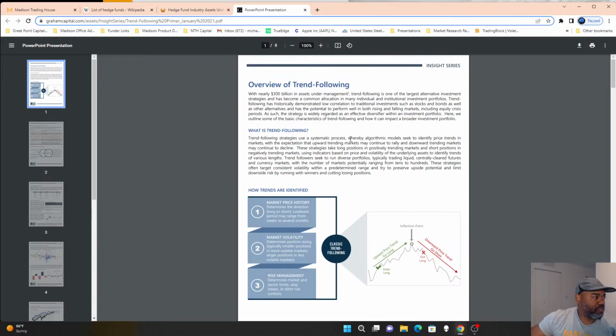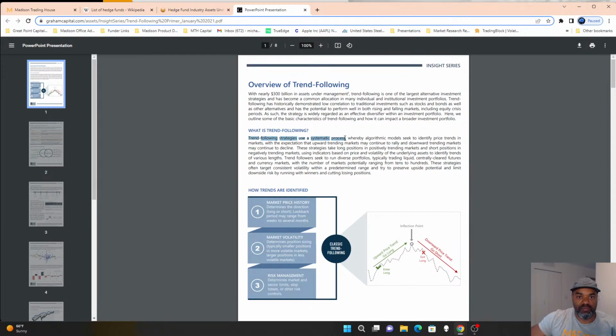And this company is defining what trend following is, saying trend following strategies use a systematic approach. That means that they use a rules-based approach. It's not based on my beliefs about the markets or my conversations with different people to figure out who's a better manager and who can manage the company better. It's not that. The systematic approach they're saying is it's looking at numbers and data.